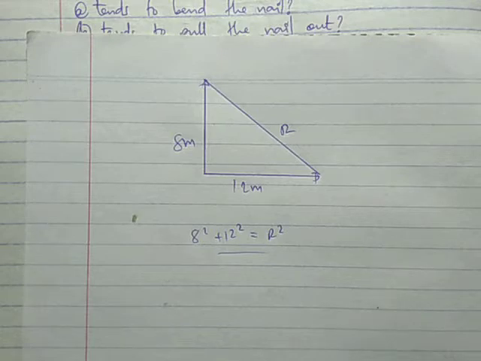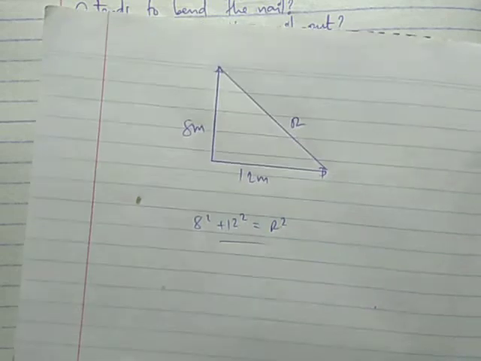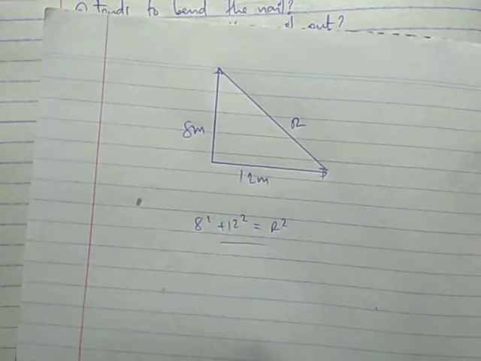Kama utataka kutumia hakuna shida, kwa scale hapo ungeweka 1 cm represent, let's say, 2, lakini finally unatumia tu Pythagoras hapo. 8 square plus 12 square napata 208.